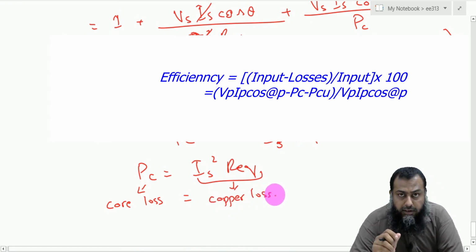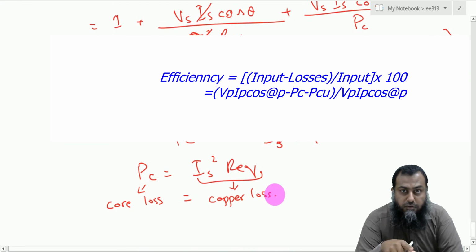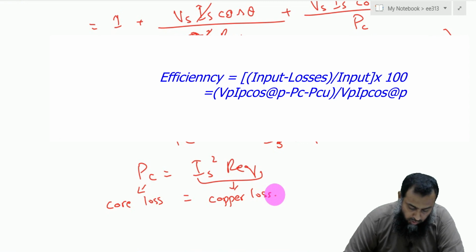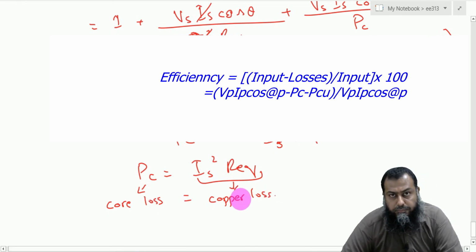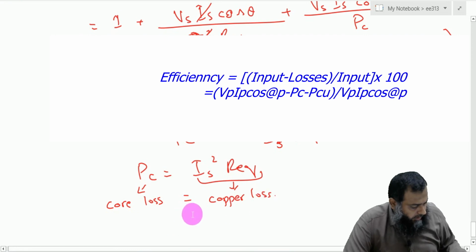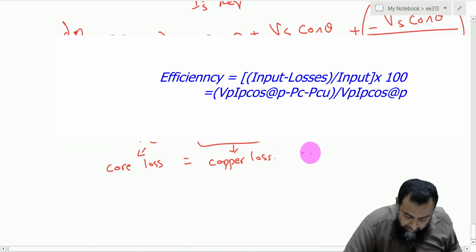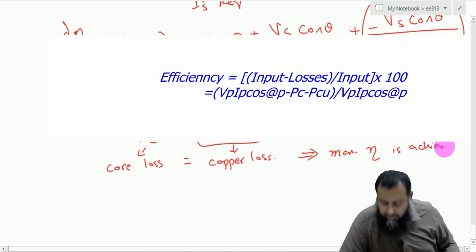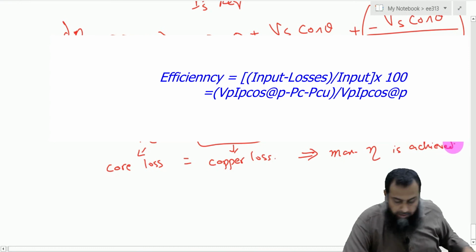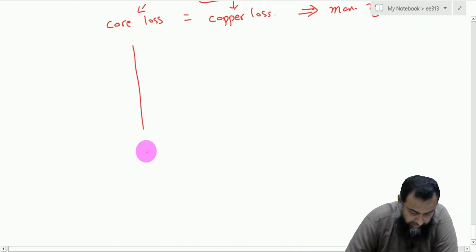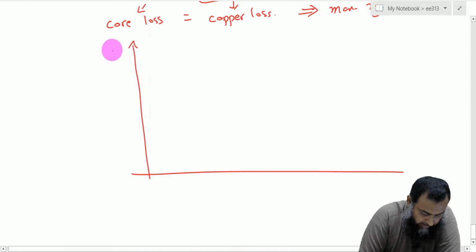So we have seen that we can get the maximum efficiency of a transformer if we set the current through the transformer such that the core loss becomes equal to the copper loss. So when the core loss is equal to the copper loss, then the maximum efficiency is achieved. Also, on this graph, this is the efficiency in percentage.